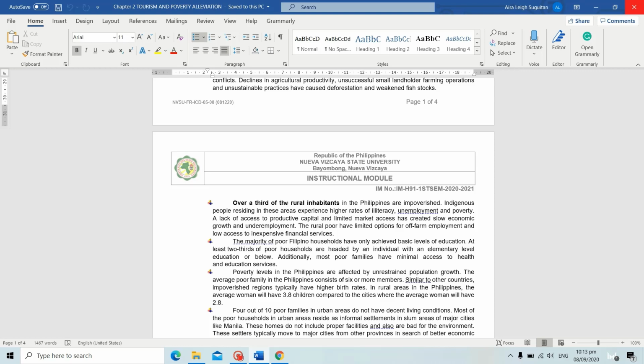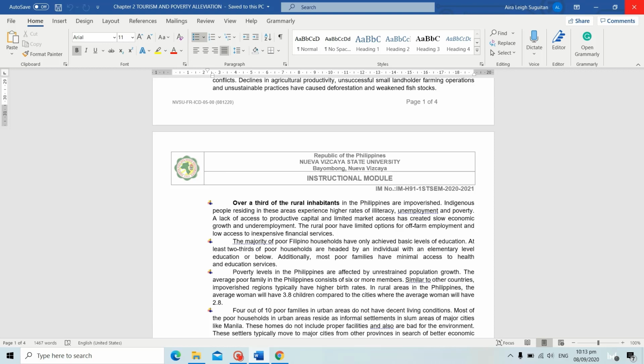Another, aside from illiteracy, would be unemployment. So illiteracy plus unemployment, there is a higher possibility to experience poverty. A lack of access to productive capital and limited market access has created slow economic growth in rural areas, which resulted in underemployment.